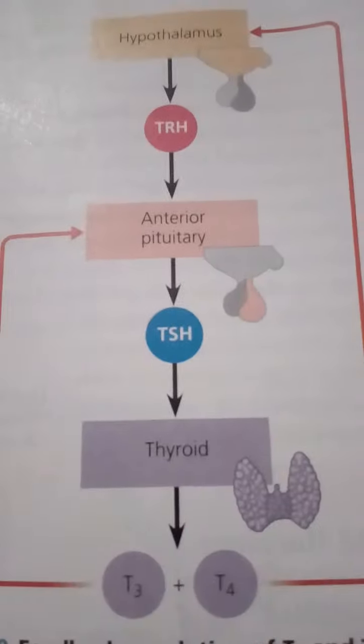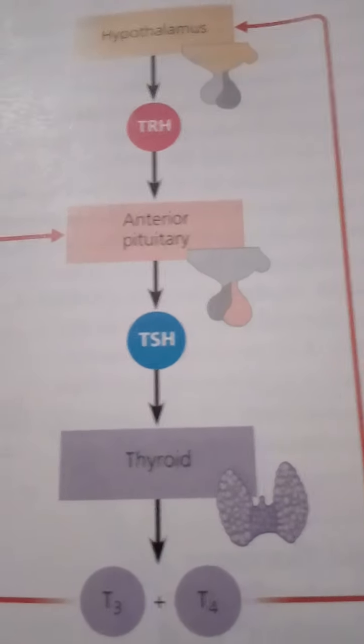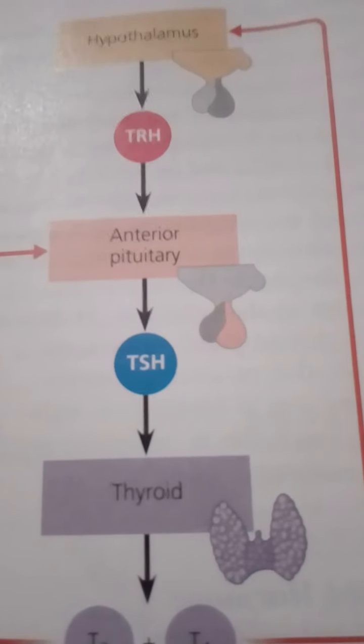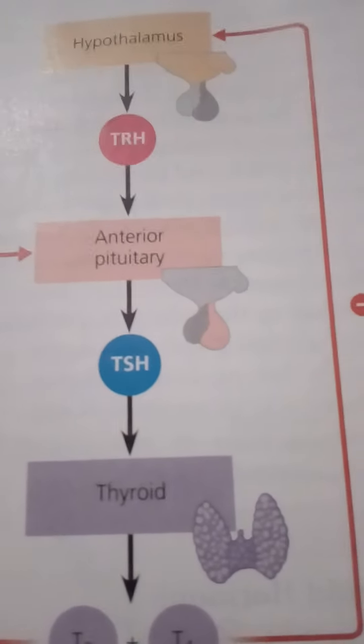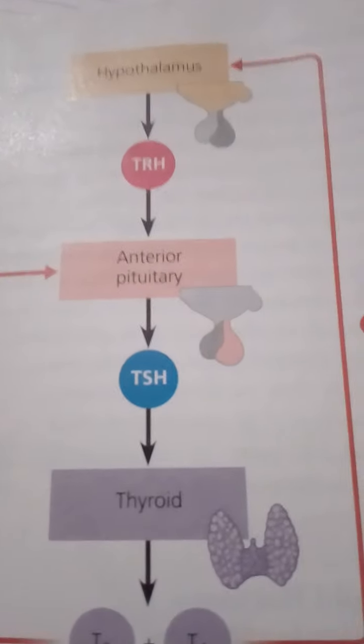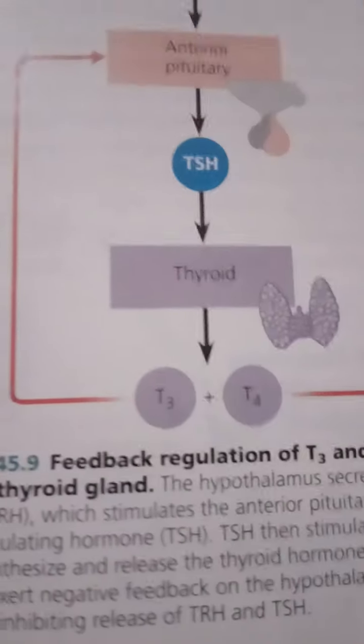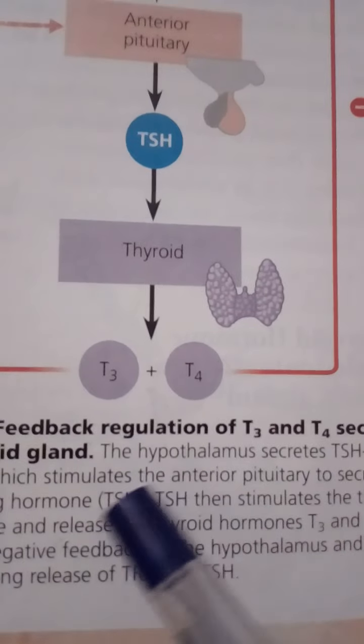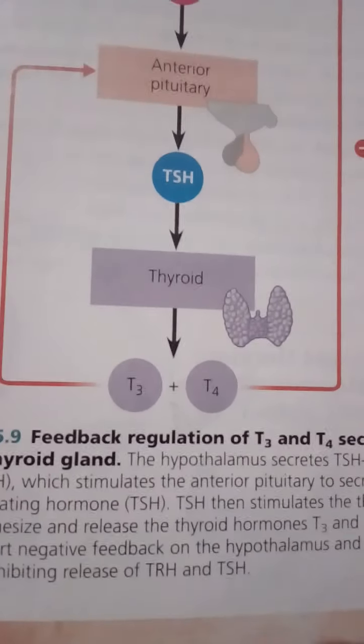Although both hormones are bound by the same receptor protein located in the cell nucleus, the receptor has a greater affinity for T3 than for T4. Notice that. Thus, it is mostly T3 that brings about responses in target cells.